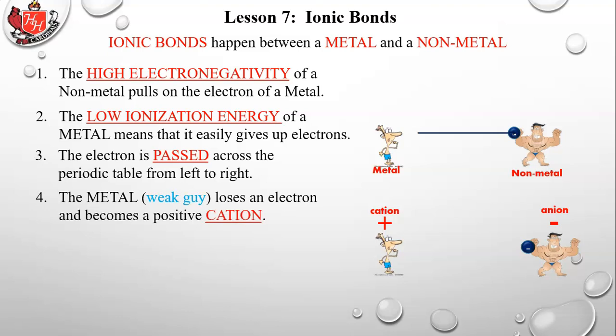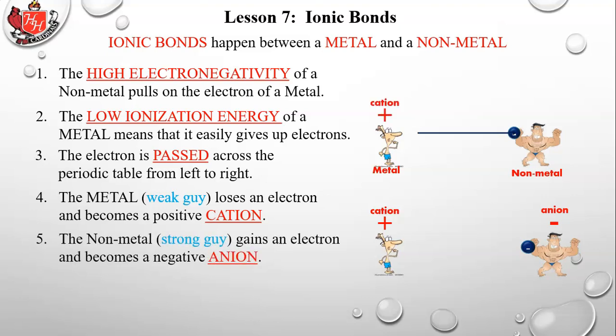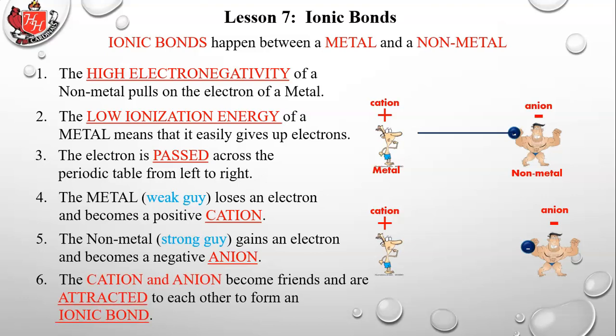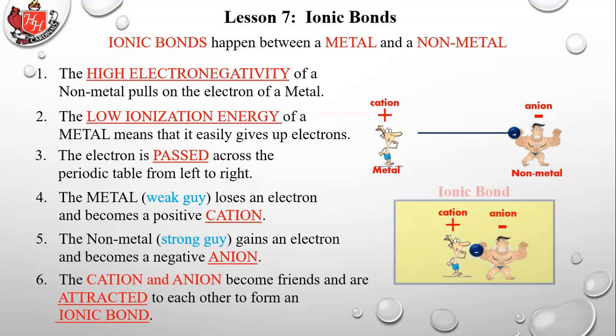The metal, the weak guy, loses an electron and becomes a positive cation. The nonmetal, the strong guy, gains an electron and becomes a negative anion. And the cation and the anion become friends and are attracted to form an ionic bond.